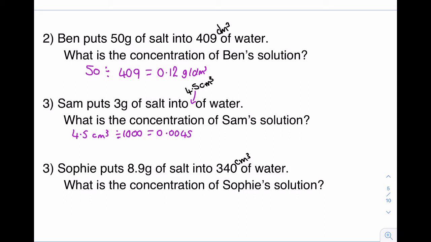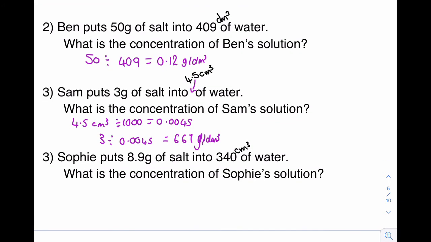You're then going to do your 3 divided by 0.0045 to get an answer of 667 grams per decimetre cubed.